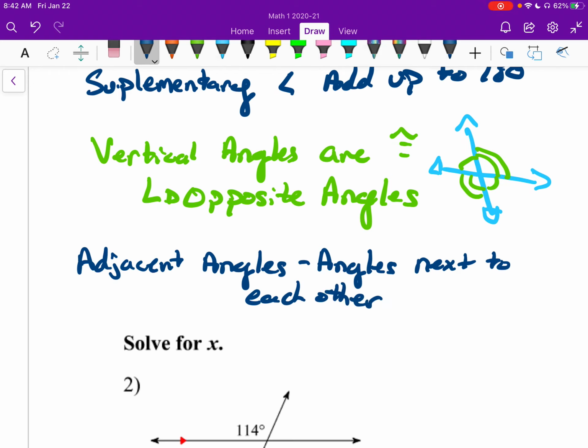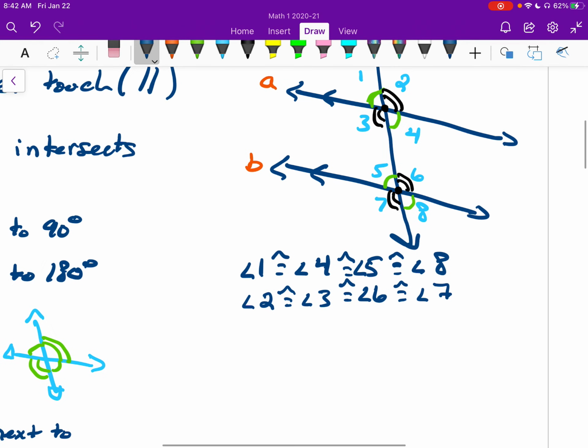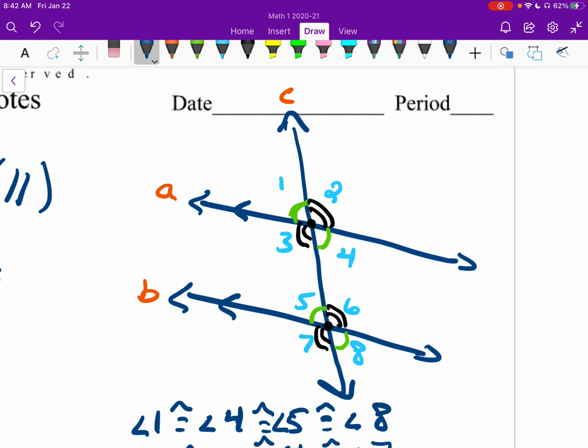Adjacent angles are 2 angles that are next to each other, right? So we could look up here and say angle 1 right here is adjacent to angle 2. They're next to each other. That would be a good thing to know how to talk about.